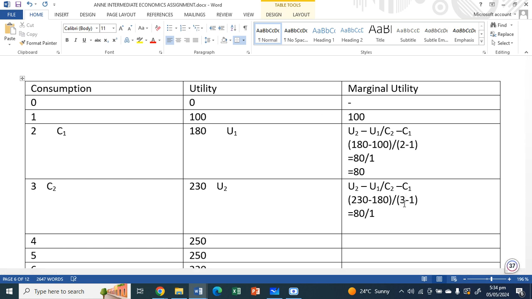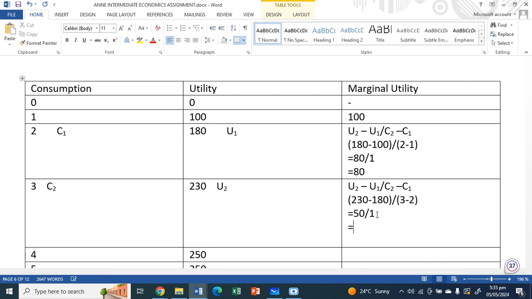C1 is 2. So 230 minus 180, that should be 50. 50 divided by 1 is 50, yes.